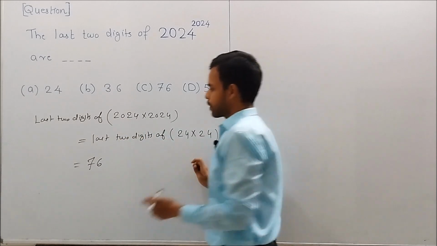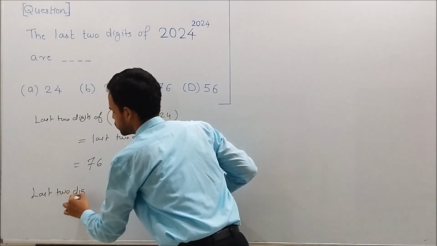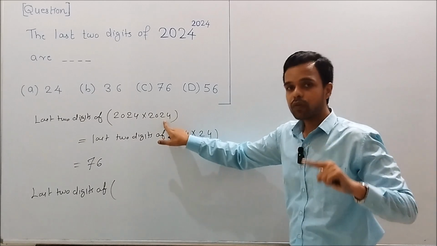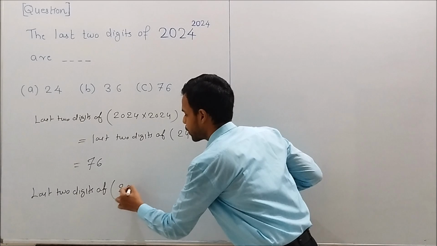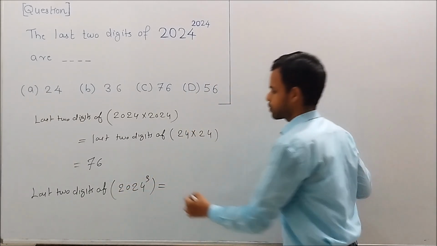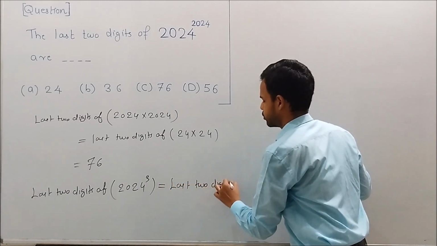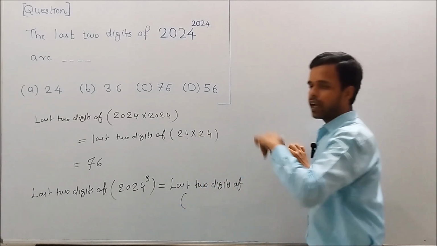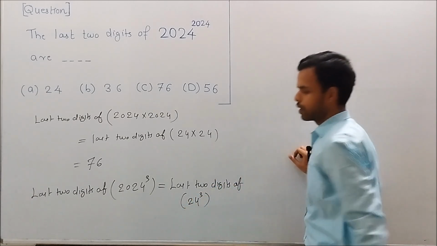In the same way, by the same trick, the last two digits of 2024 times 2024 times 2024, that is 2024 cubed, are equal to the last two digits of 24 times 24 times 24, that is 24 cubed.